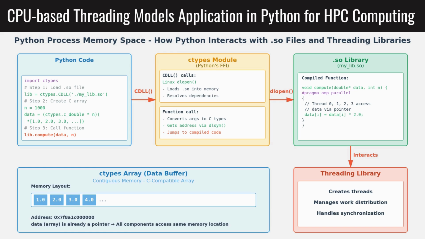Also note that CDLL needs to call the dlopen system function provided by the Linux OS to dynamically load the shared library into a process's memory. Additionally, CDLL reads the names of the subroutines, voids, within the shared library in a manner that allows the Python code to select the subroutine to execute by providing its name.